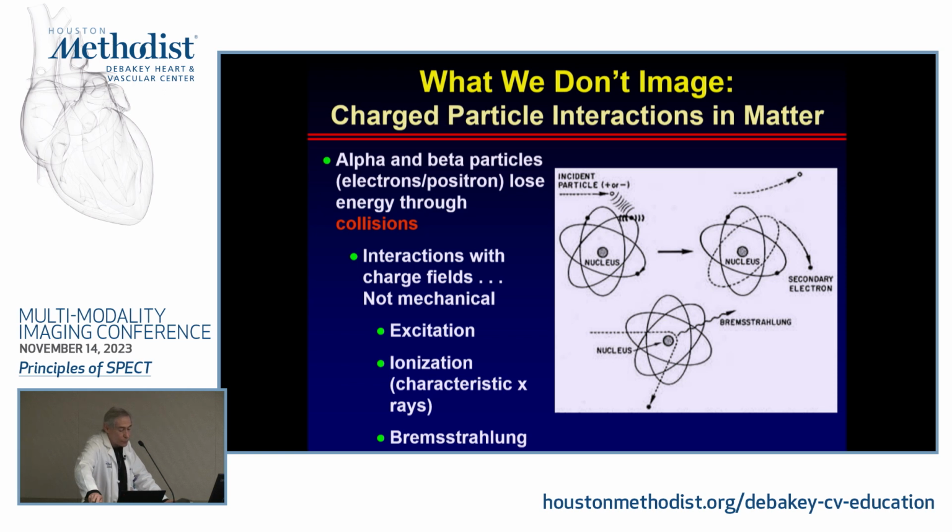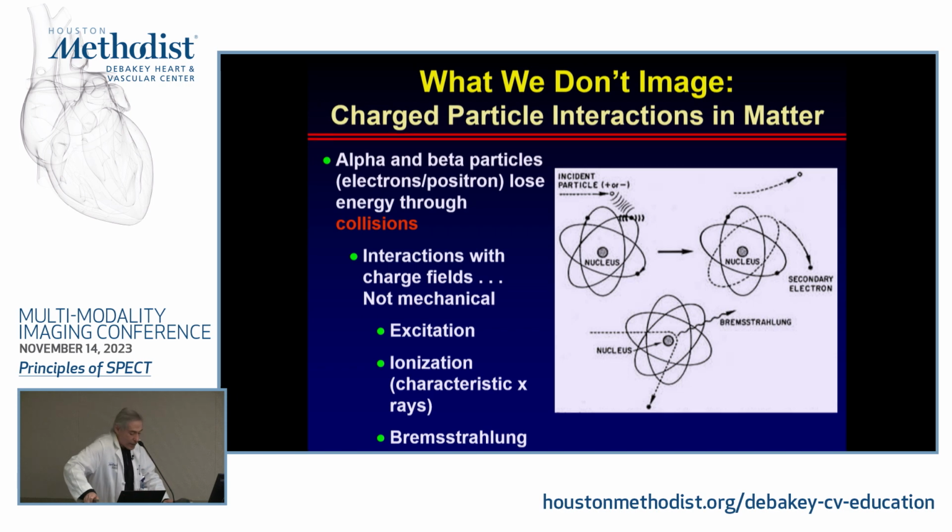You can have ionization energy, where a photon comes in and kicks out an inner shell electron, and then an outer shell electron falls down, and that's called ionization energy or characteristic X-rays. And you can also have Bremsstrahlung, which are breaking X-rays, where you have an electron go around the nucleus and it slows down. And when something slows down, when it loses kinetic energy, then it has to give off other kinds of energy, electromagnetic energy, right?